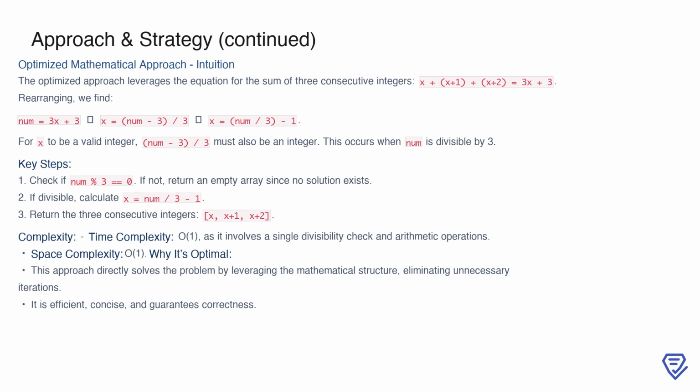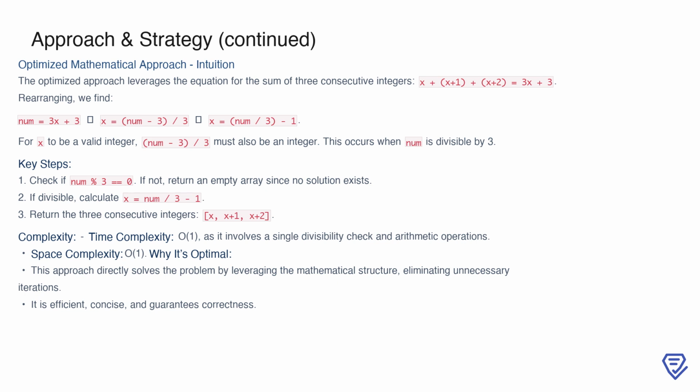Now, let's explore the optimized mathematical approach, which takes advantage of the equation for the sum of 3 consecutive integers, x plus x plus 1 plus x plus 2 equals 3x plus 3. By rearranging this equation, we can solve for x as (number minus 3)/3, or equivalently, x equals number/3 minus 1.